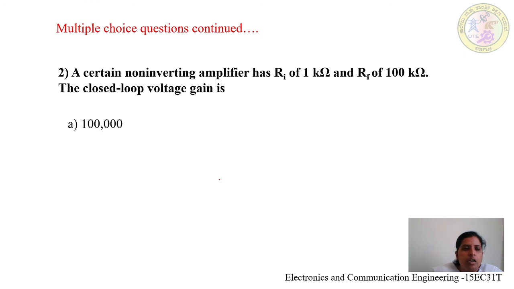The options are A, 1 lakh, B, 1000, C, 101, and D, 100. So the voltage gain AF is 1 plus 100 divided by 1, which is 1 plus 100. The answer is 101.